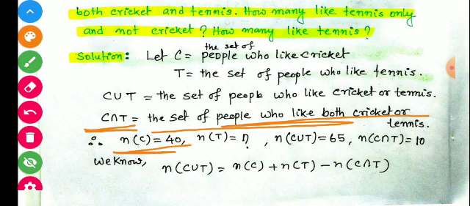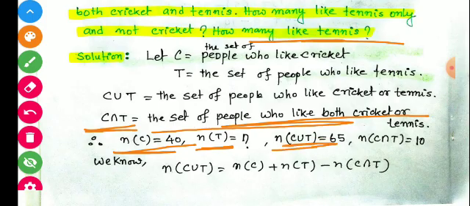So n of C is the number of cricketers. n of T we don't know, we have to find out how many like tennis. C intersection T, the people who like both games, is 10. All this information is given.